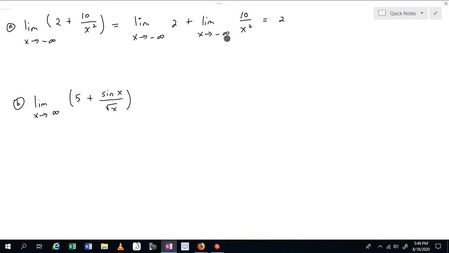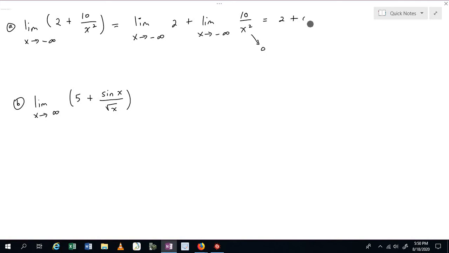Now I let x get closer to negative infinity, so you plug in negative 100, well then you would get negative 100 squared here on the bottom. And so I think you can see that this is going to be a 10 divided by an increasingly larger and larger number, which means this is getting closer and closer to 0 as x gets closer to negative infinity.